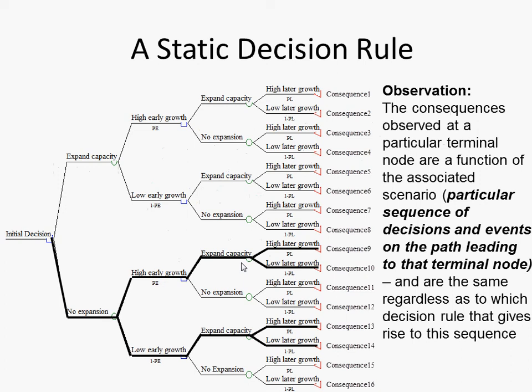I'm going to make the same decisions. That's a static decision rule: it does the same things regardless of what happens. We call it a decision rule because it tells us not just what to do at a single decision point, but what to do at each decision point that can be reached. It says, if this happens, do that. If that happens, do this.